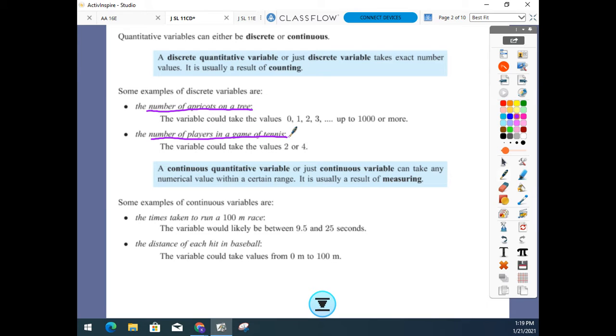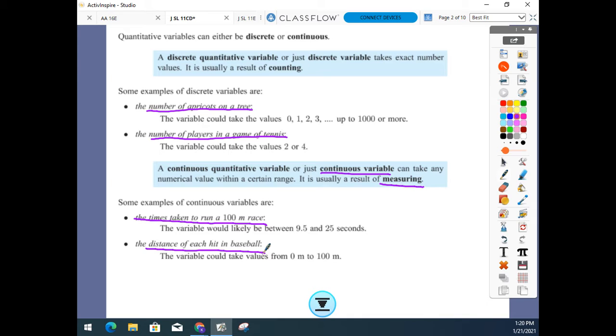Then the second type of quantitative is a continuous variable. And continuous is usually about measurement. So height, weight, times taken to run a race, the distance hit in baseball. So it's like in between.